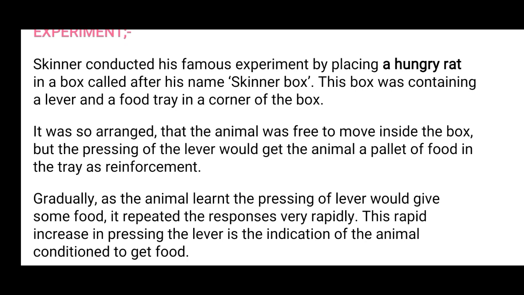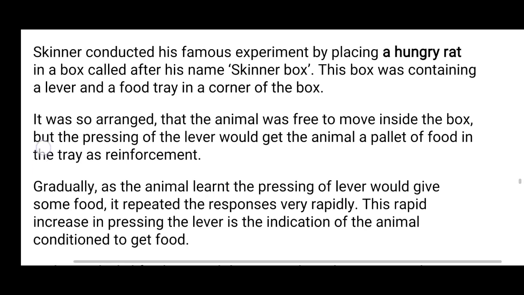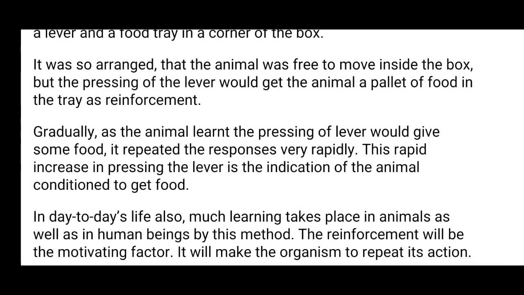In the beginning, the animal didn't know how to get the food, but sometimes it did that accidentally and got the food. So it knew that by doing that it would get the food. That type of situation is known as conditioning. Gradually, the animal learned that by pressing the lever it would get food, and it repeated the response very rapidly.